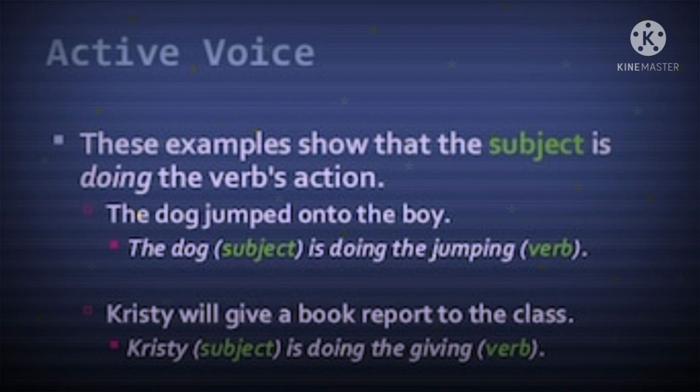There are many sentences in English which do not have an object. Object is not a must in a sentence. So children, first you analyze the structure of the sentence, and then we will be able to convert active voice into passive voice.